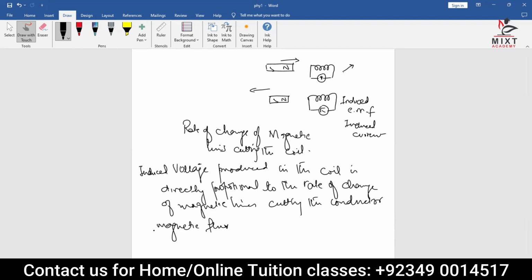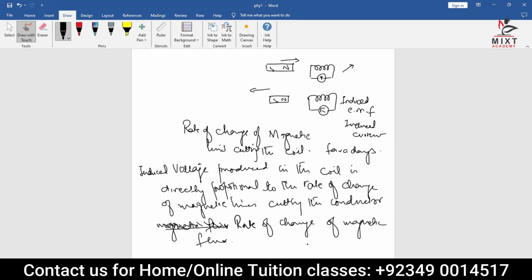Rate of change of magnetic flux is also used. This is what we call Faraday's law.